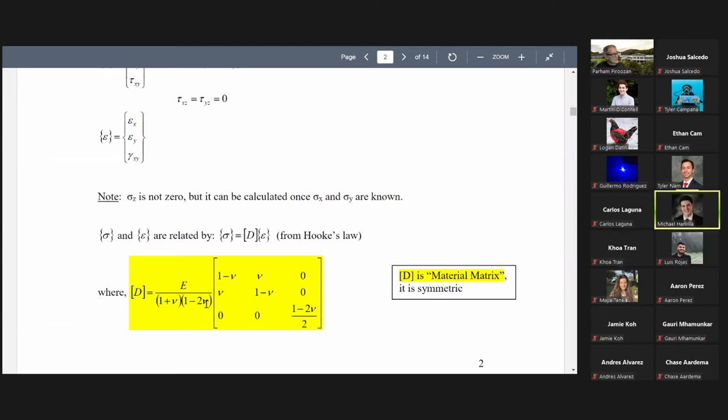We have dividing by 0. Yes, 0 in the denominator, so divide by 0, it is a singularity error. So the program cannot handle this, suddenly divide by 0. So when Poisson's ratio is 0.5, we always have a little bit of a problem in the finite element method. Sometimes you have to check the program to see if it can handle this case or not.